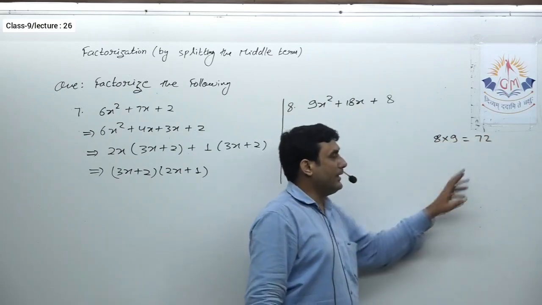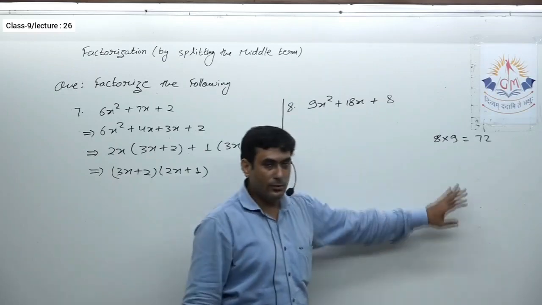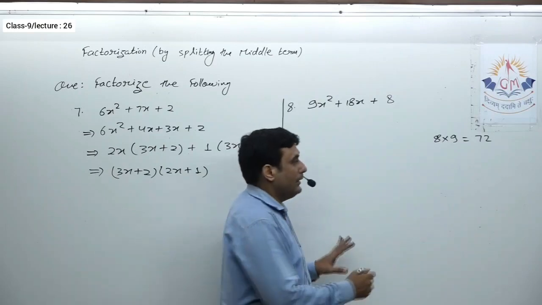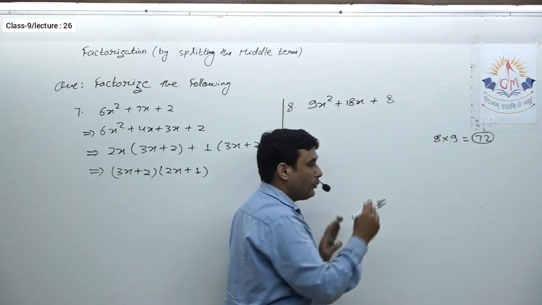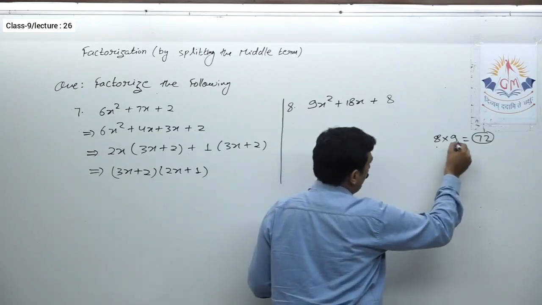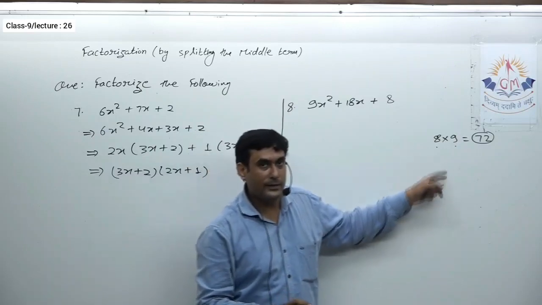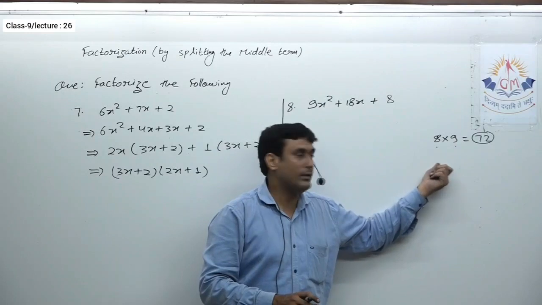So actually I have to find the factors of 72. It is not very difficult to find the factors of 72, but I have a better way. Instead of finding the factors of 72, it's quite easier to find the factors of these two separately, isn't it?